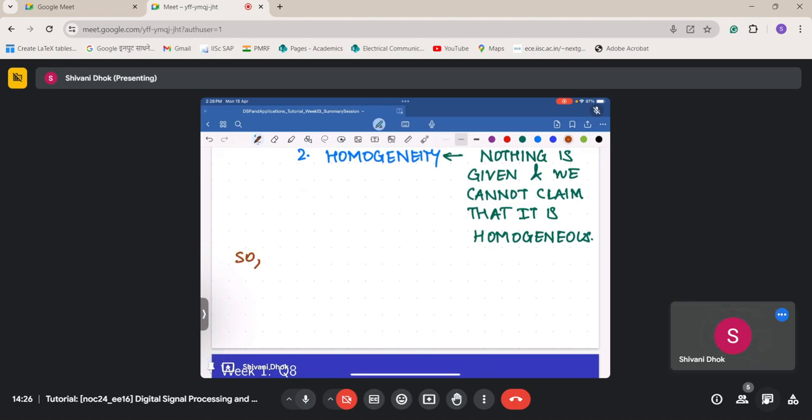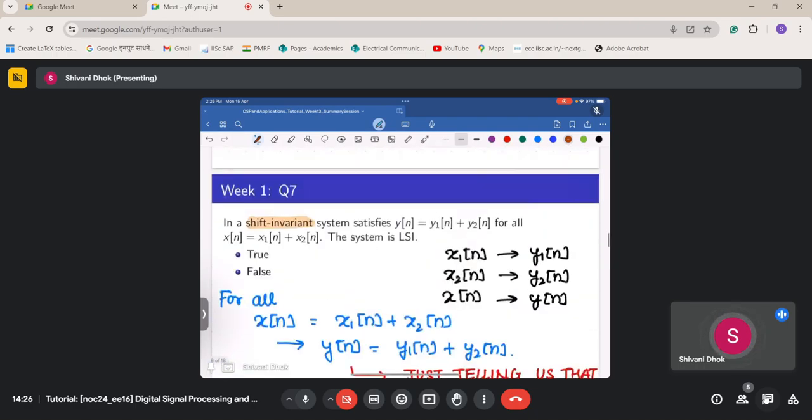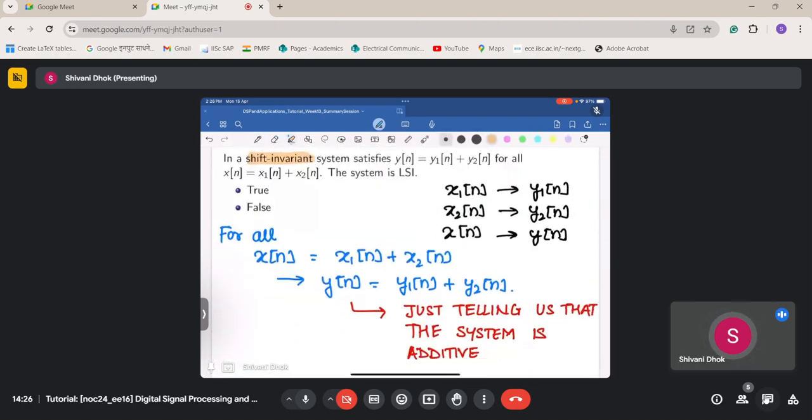So since the system may not be linear, it is not LSI, and therefore this statement which is given to us is false.